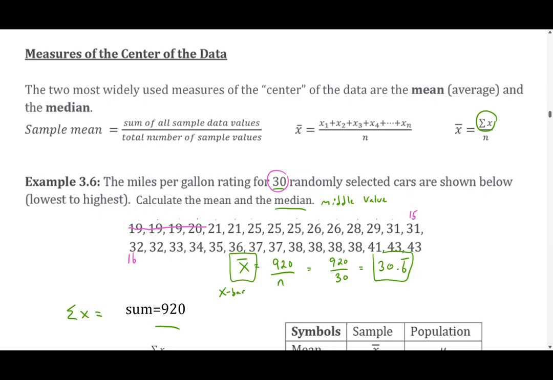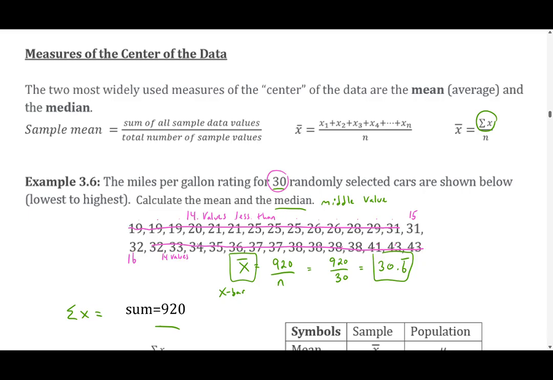If we cross off all of these numbers, that means we've crossed off 14 values that are less than, and we've crossed off the same number of values greater than. 1, 2, 3, 4, 5, 6, 7, 8, 9, 10, 11, 12, 13, 14.